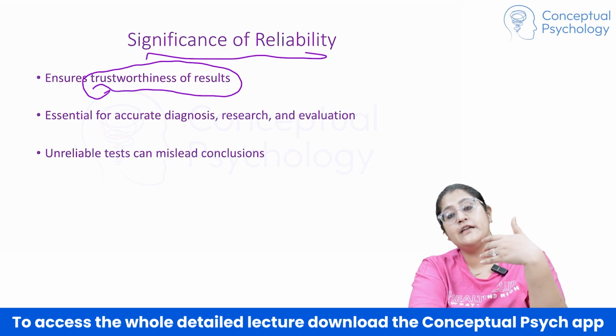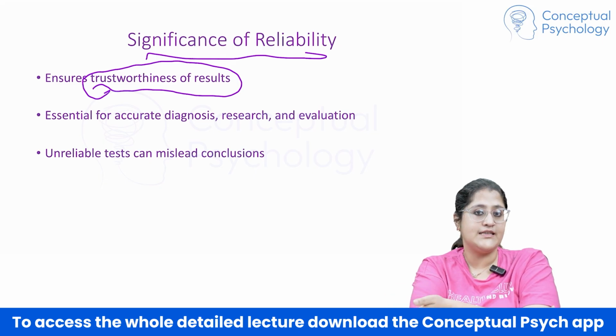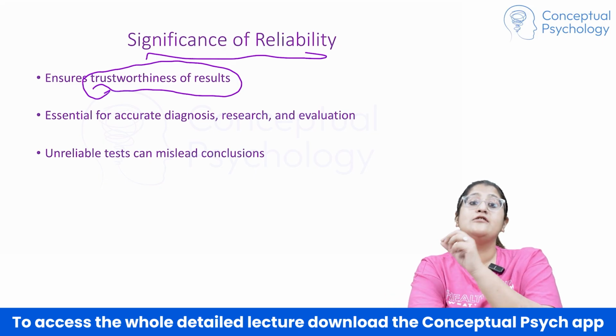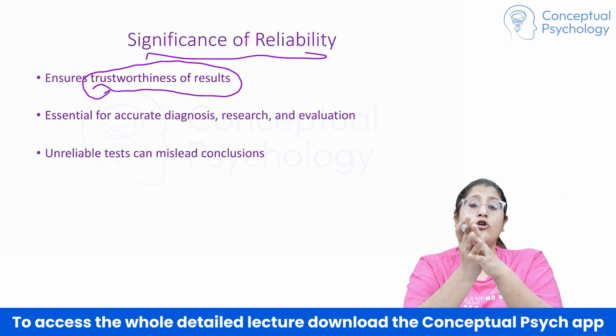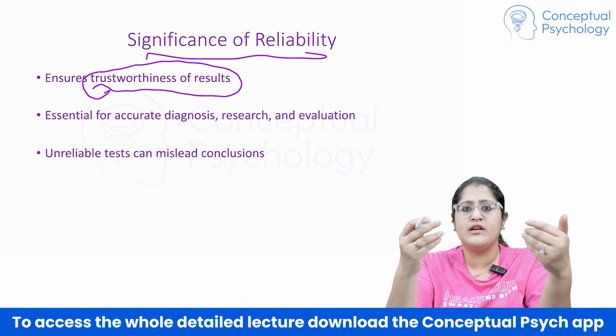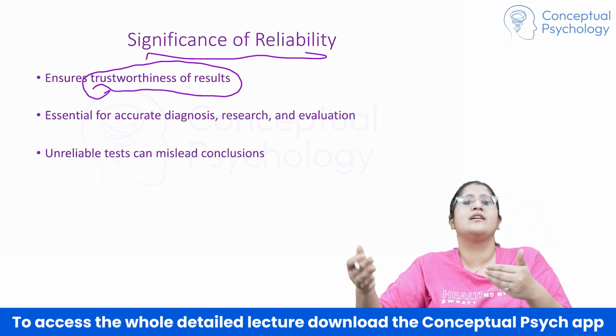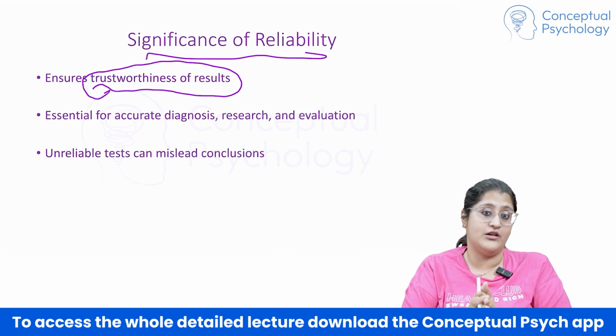Or if different examiners are giving the test to the population and it is showing the same results, maybe not, but similar results, you can say that it is accurate because you are getting confirmation again and again, right? So you can say that this test is accurate.